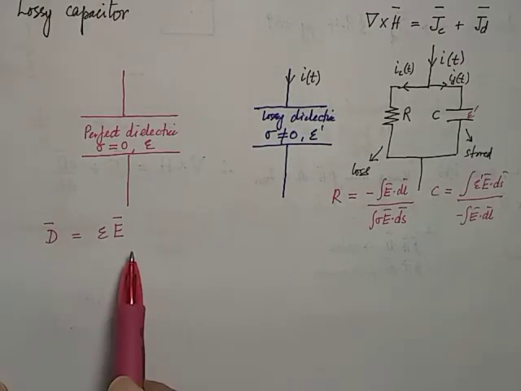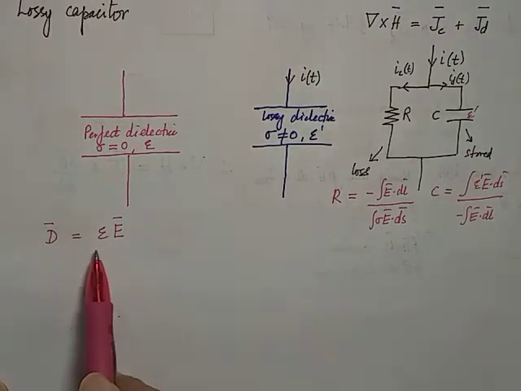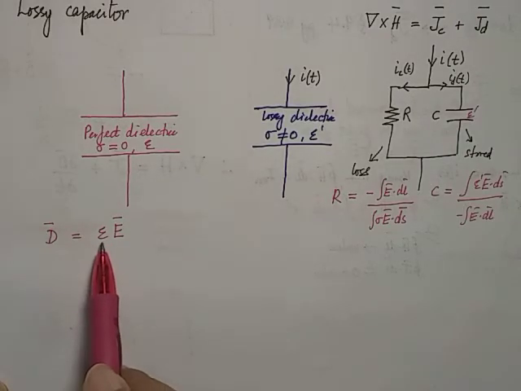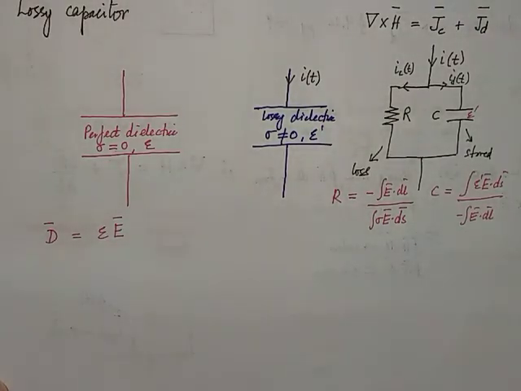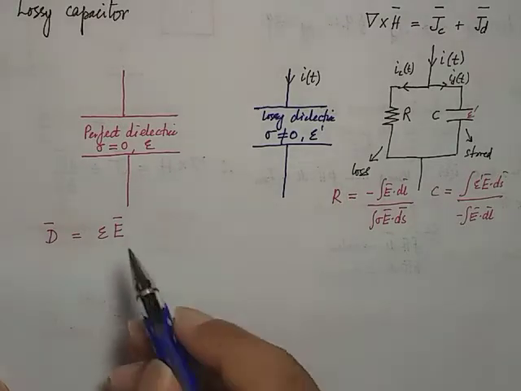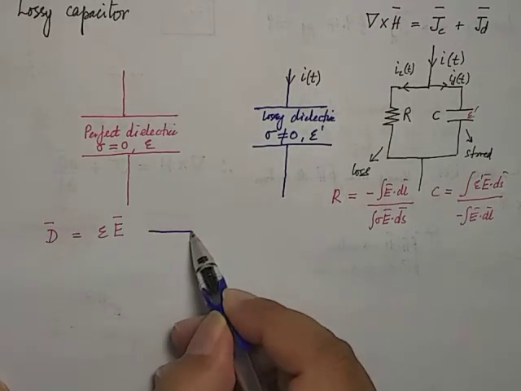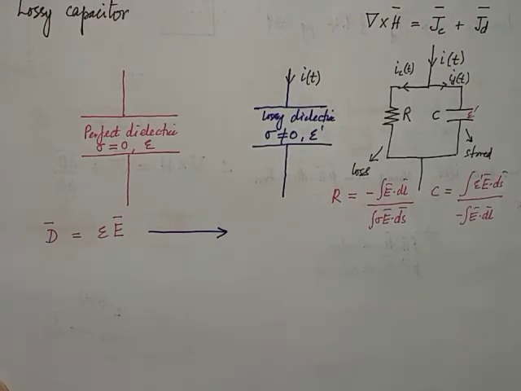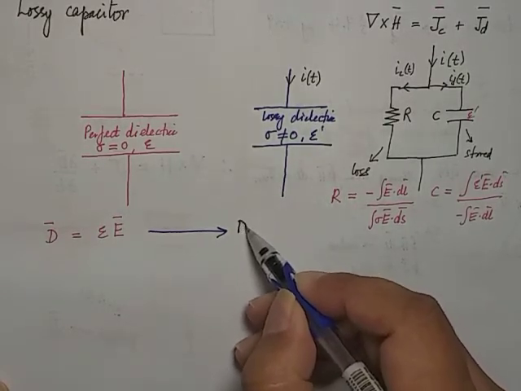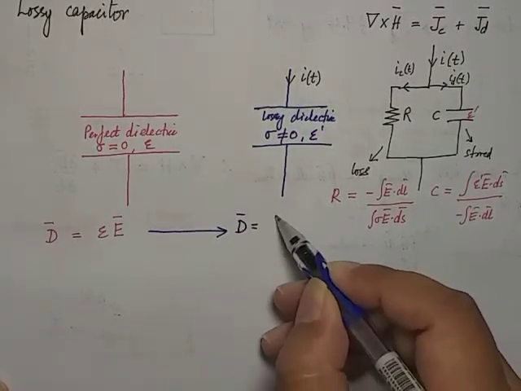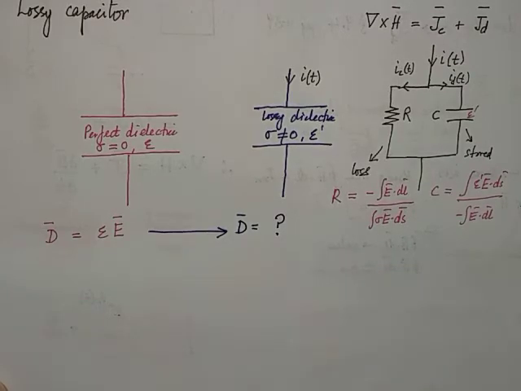The relationship between these two electric field components is based on the permittivity. This is being discussed in the world of perfect dielectric. So what happens to this equation when we venture into lossy material? Is D equal to epsilon E again? Because now the material is slightly different. It's no more perfect.